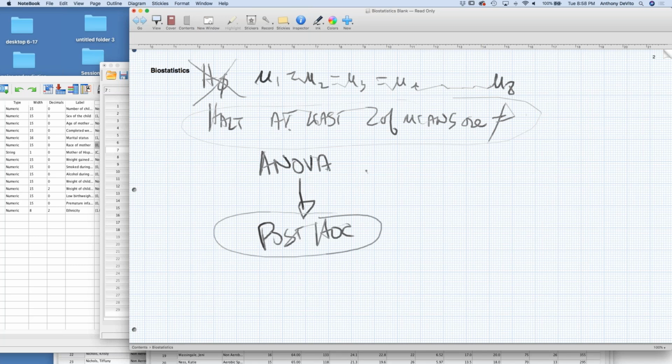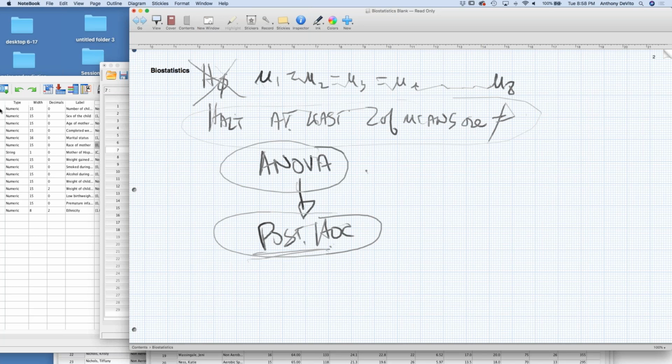So it's your opportunity, now that you've shown that at least 2 of the means are different, to see which of the means are different from one another with less than 5% chance of being wrong if you say that they're different. Okay, so you would only run the post hoc test after you run the analysis of variance, and that has told you that you can reject the null hypothesis.